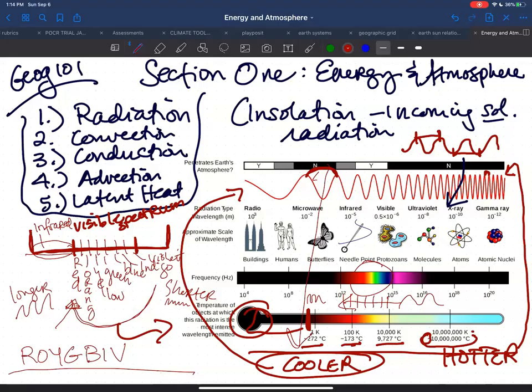So the Earth and the objects on Earth, like humans and animals, give off our radiation in the infrared. We don't see that with our naked eyes, though we have special technology, cameras, goggles, scopes, and so forth, that can see the infrared.